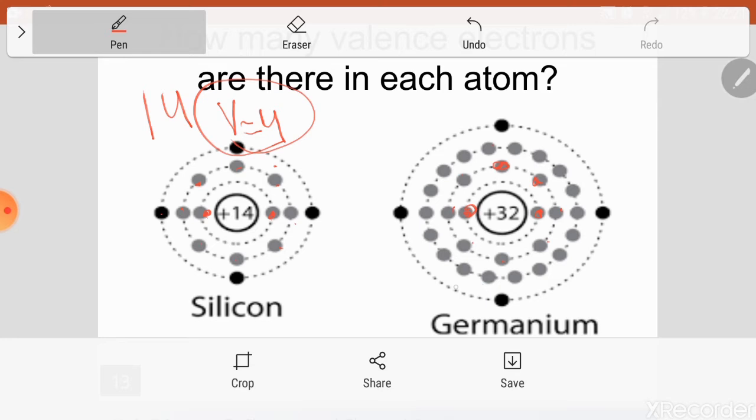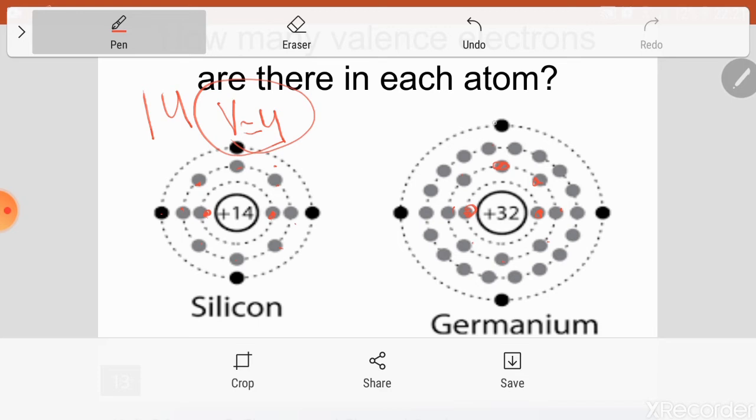In some elements it can hold up to 8, but you will learn these rules after grade 9, so we can't talk about them now. In simple elements, the first holds 2, the second 8, the third 18, and so on.